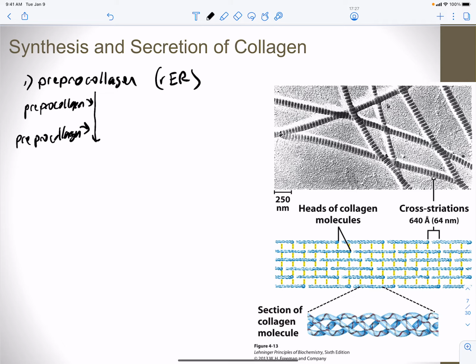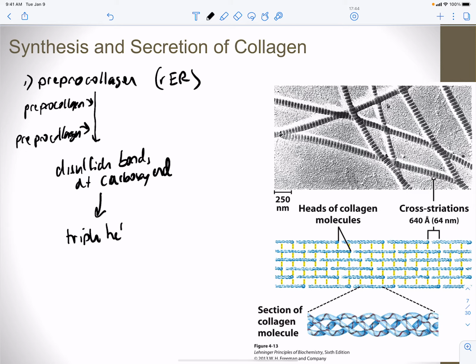So you have three of these, and these are going to form disulfide bonds. So it lines carboxy to the amino end. And then this is tropocollagen.